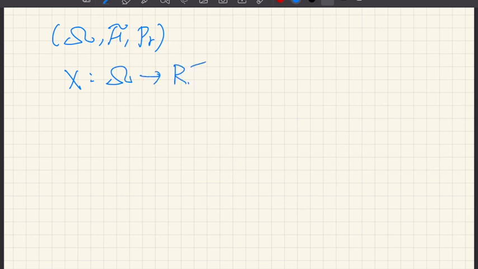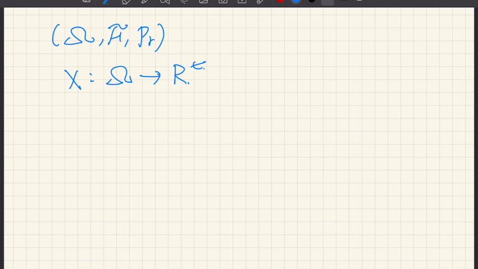Now let's define the expectation value of a continuous random variable. Suppose we have a probability space and a continuous random variable, where R is some set of real numbers.